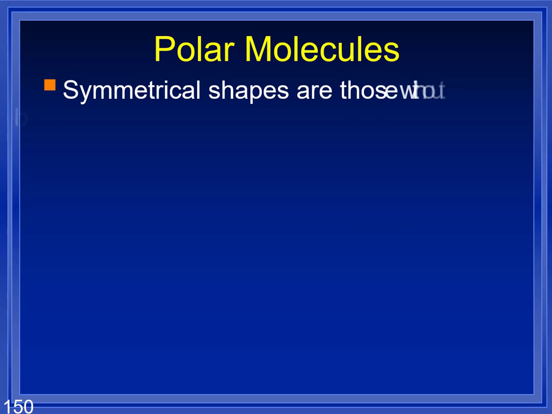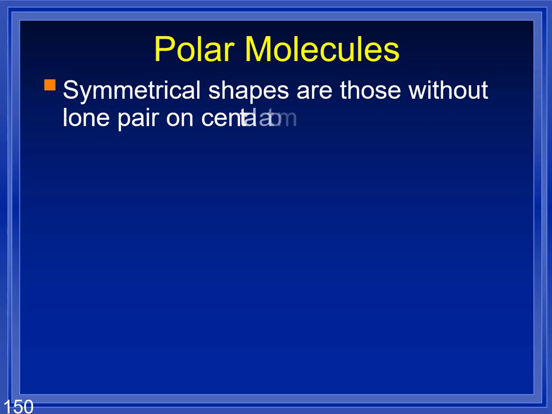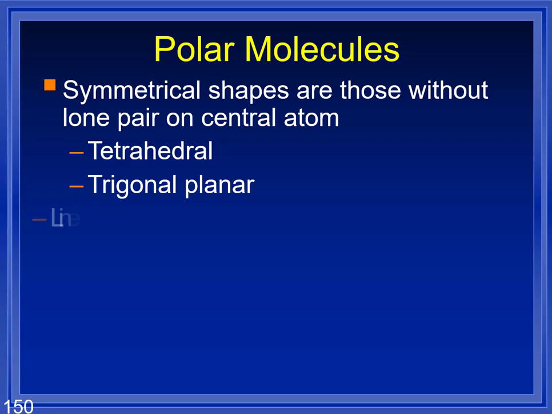Well, the symmetrical shapes are the ones without lone pairs, because the lone pair pushes those atoms closer together, which means they're not evenly spread around anymore. You've got one area that's lone pair, and another area that's atoms. The symmetrical ones are tetrahedral, trigonal planar, and linear.